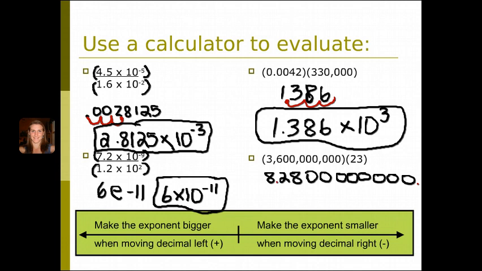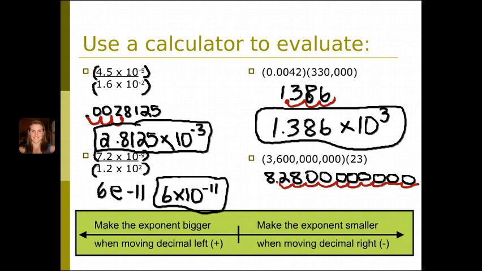So in order to count 1, 2, 3, 4, 5, 6, 7, 8, 9, 10 places is what we're moving the decimal in order to write this in scientific notation.